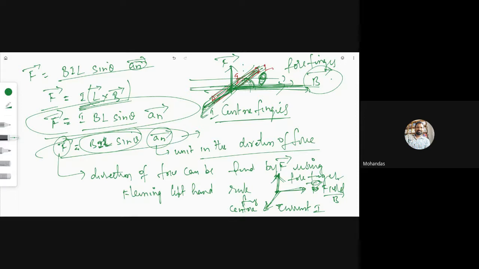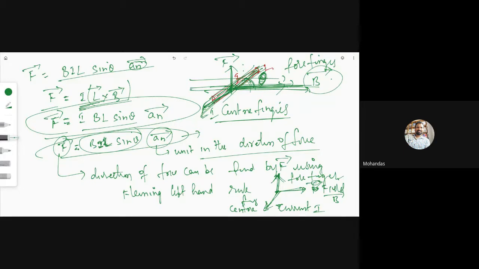Two more forces are there. After discussing them, we will finish the forces in a magnetic field. Later, we will discuss magnetic dipole and torque on a magnetic dipole. This chapter is very useful to understand electrical machines concepts. Without these basics, you cannot understand electrical machines.